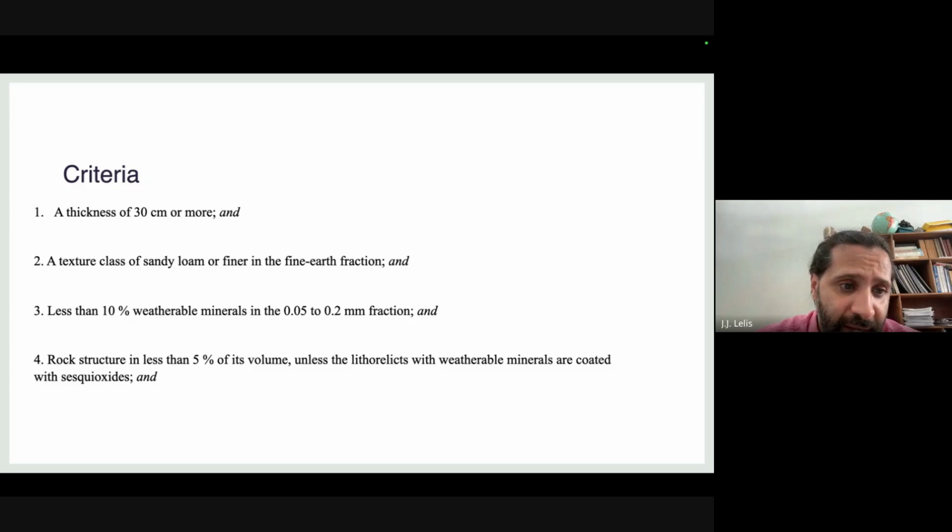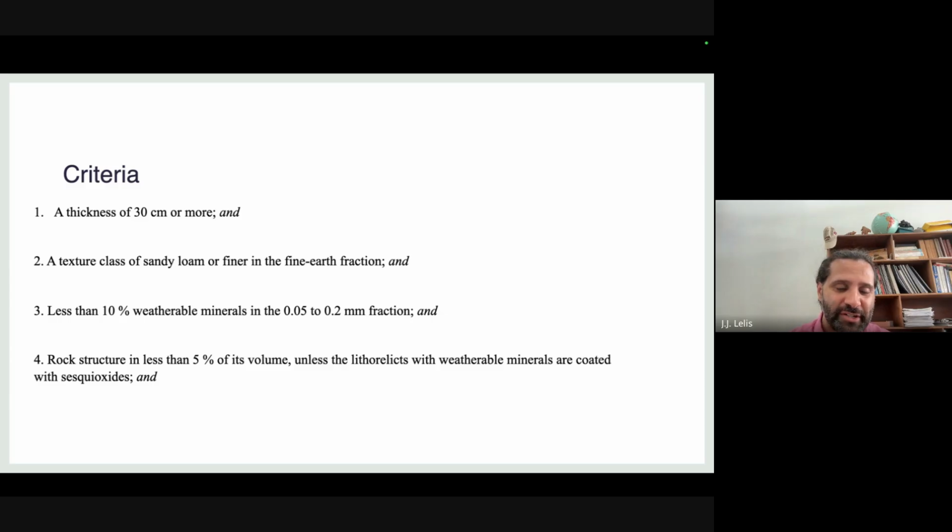Okay. The texture class should be sandy loam or finer than this. So I should register a high content of clay, at least 15%, okay? And the content of sand is not higher than 70%, okay? So you have a variation of oxic horizons, but they never register a sandy texture. Okay, never. Why don't they have a sandy texture?